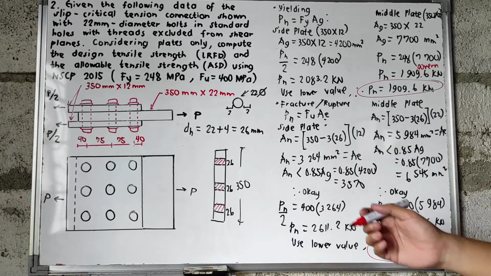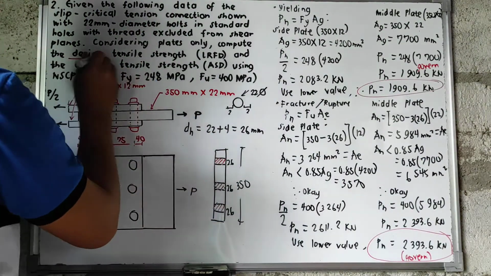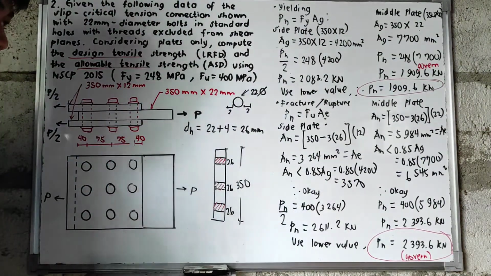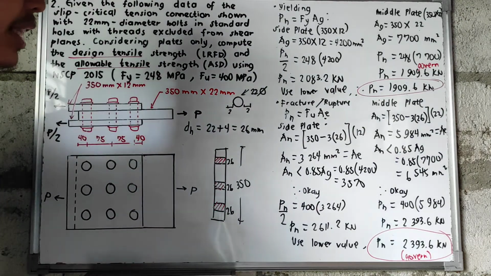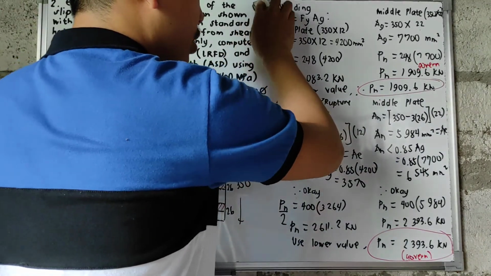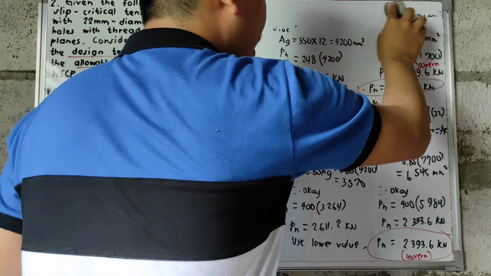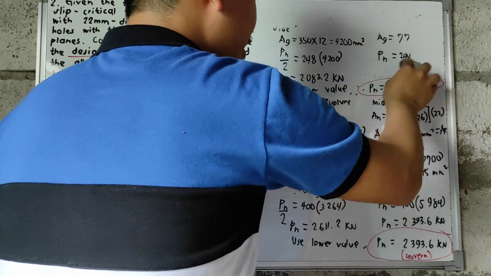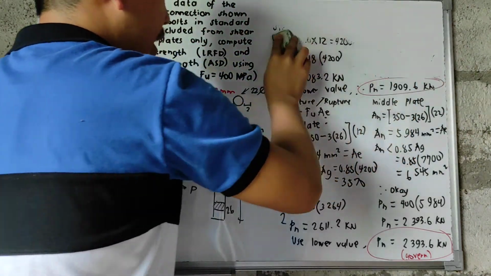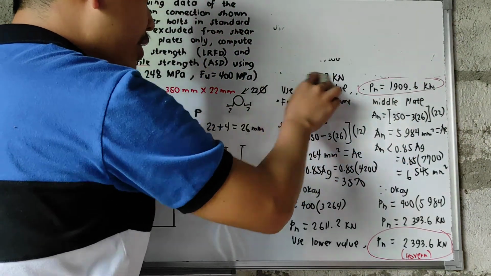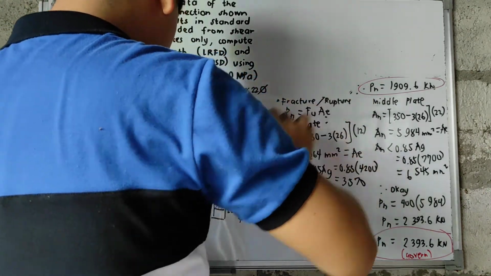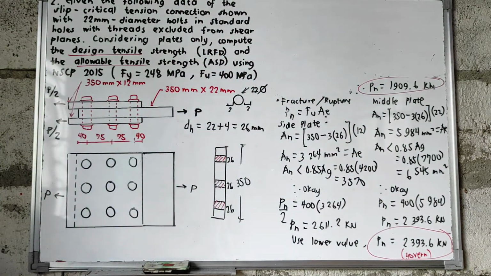So, using sa design tensile strength, using LRFD dito, allowable tensile strength naman, using ASD naman, yung gagamitin nating approach. So, tatandaan lang natin yung mga reduction factor na gagamitin natin, and at the same time, the value ng mga safety factor natin under yielding and under sa fracture or rupture. So, let's solve for the value.